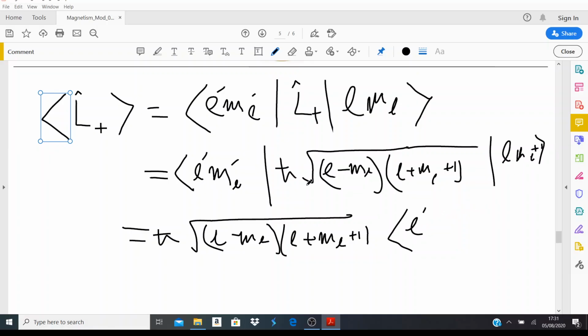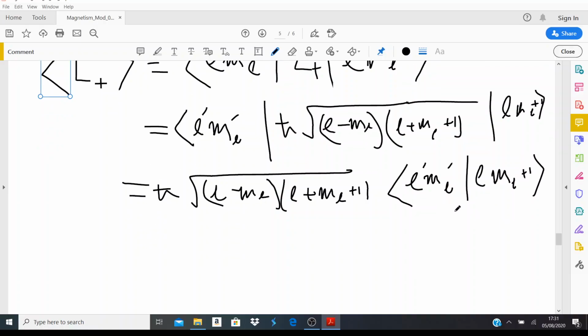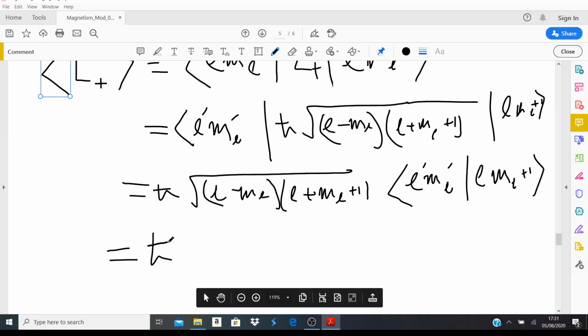So now we need the inner product between L prime, ML prime, and here we have L, ML plus 1, right? And the orthonormality condition dictates that L prime has to be equal to L, and ML prime has to be equal to ML plus 1. Otherwise, this is 0, right? So, and how do you impose that condition?